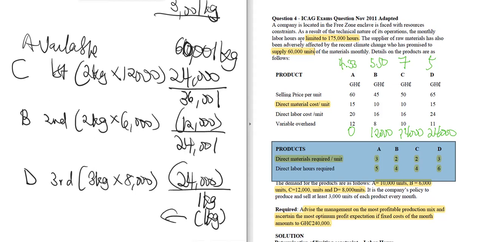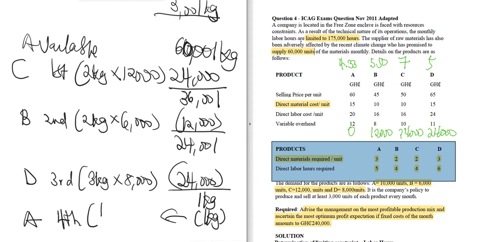Product A, right? Which is the last one in ranking. So if I have 1 kg, how many units of product A can it produce? You get it? And that means that since I require, well, how many kgs do I require for product A? I require 3 kgs and I have only 1 kg available.